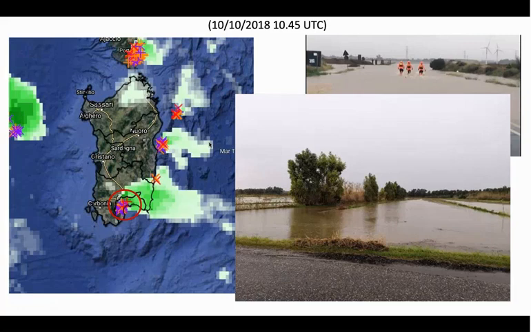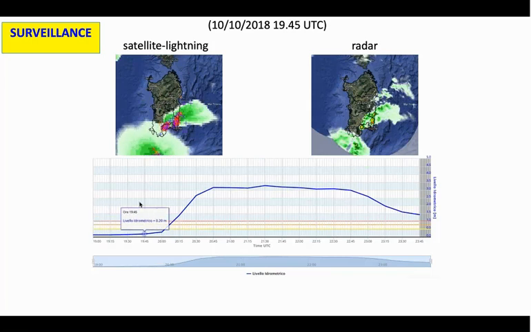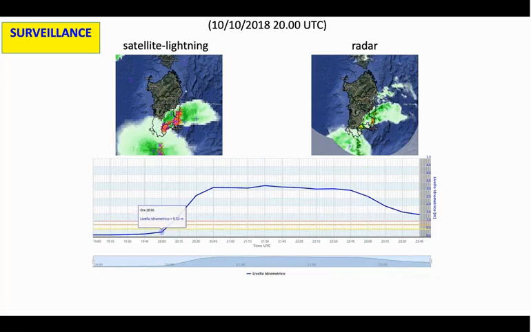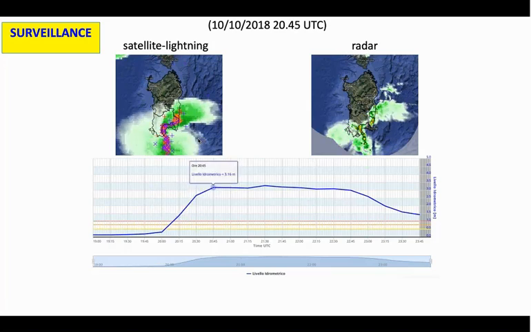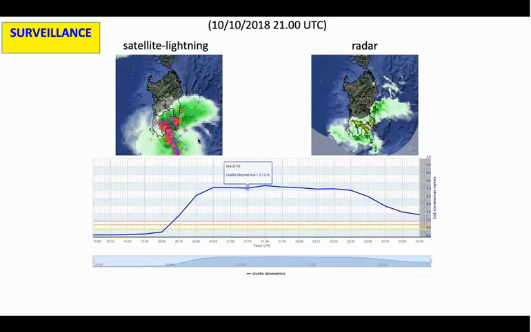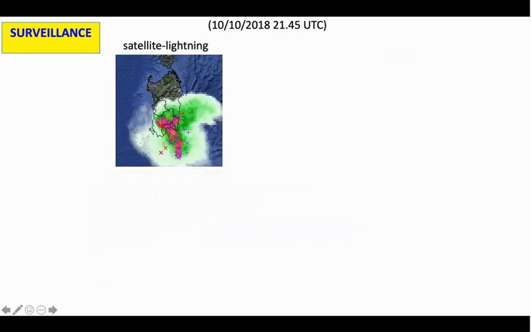received at that moment the first information about floods in that region, and the precipitation still remains. The convective nuclei, the more intensive parts, still remain in the same part of the island and increase in time, involving also the other parts of the island and the middle part.